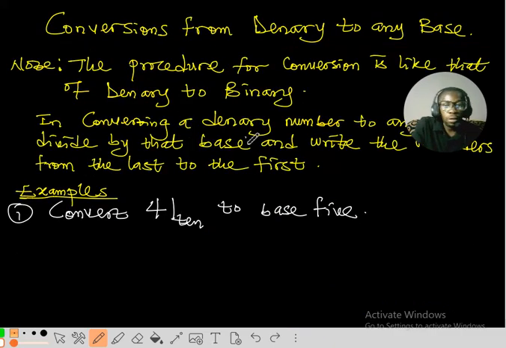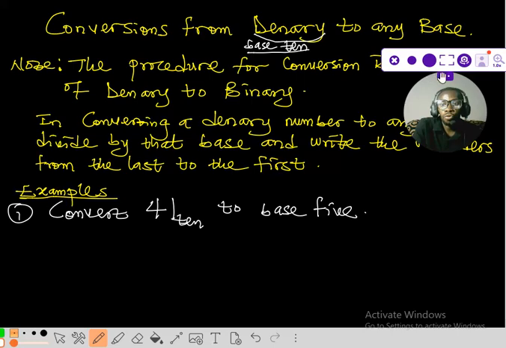Now you are dealing with another conversion: conversion from denary to any base. Denary is talking about base 10. Once you see binary, it is talking about base 2, while denary is talking about base 10.